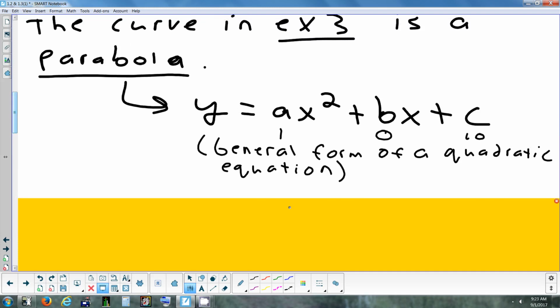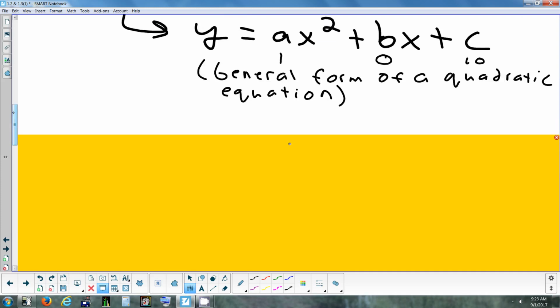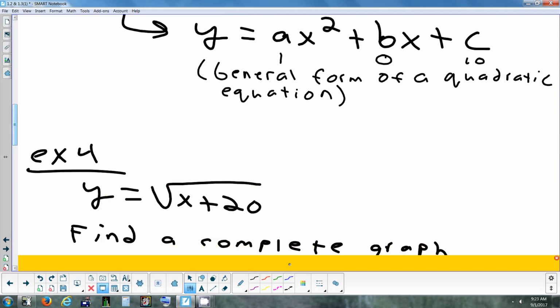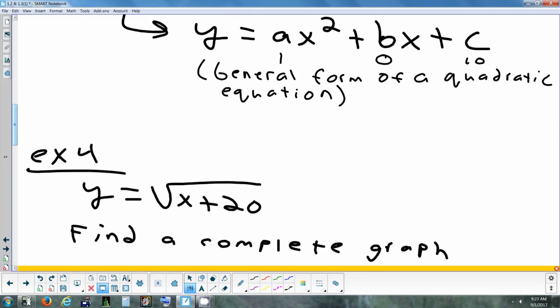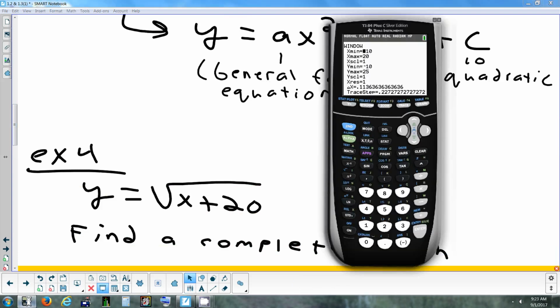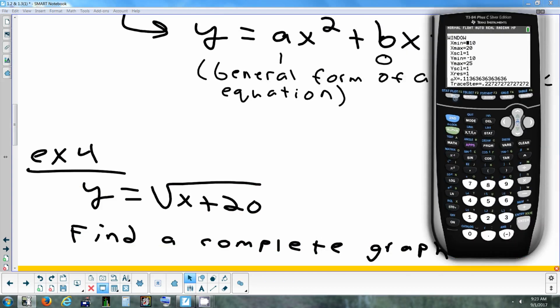Okay, does everyone have up to parabola? Okay, let's try this one. So it's a square root, and it's y equals square root of x plus 20. I'm going to clear that out.